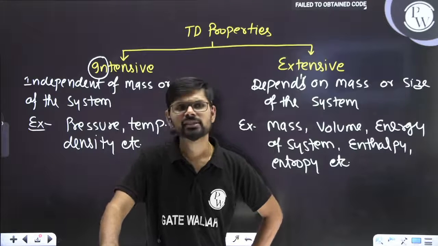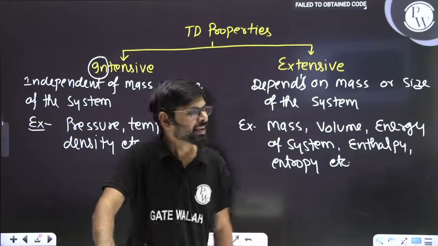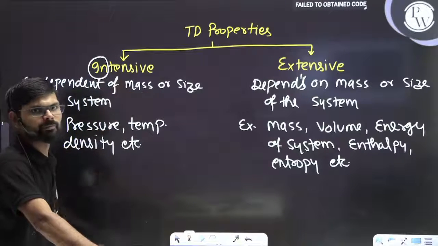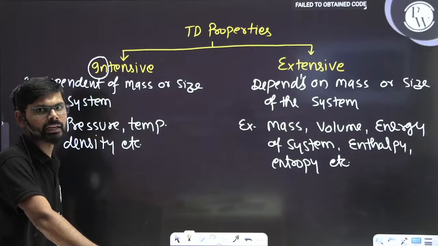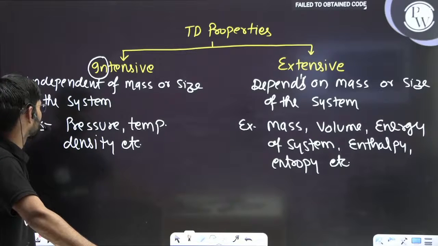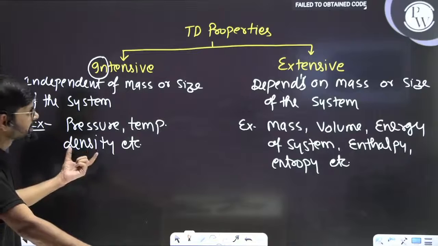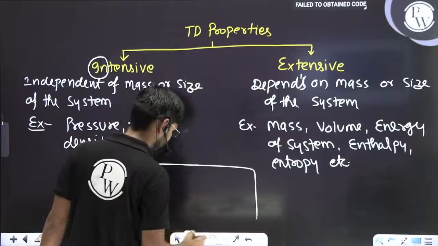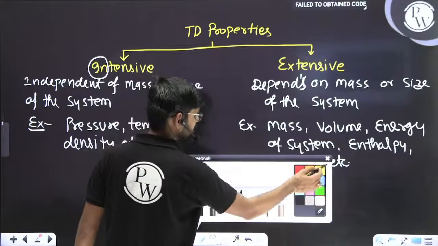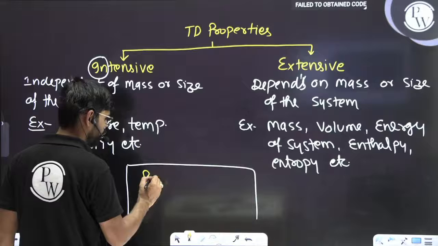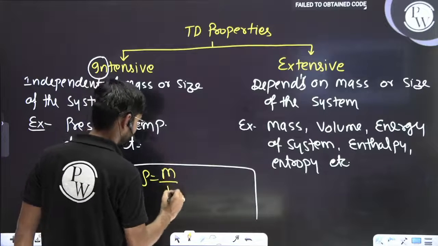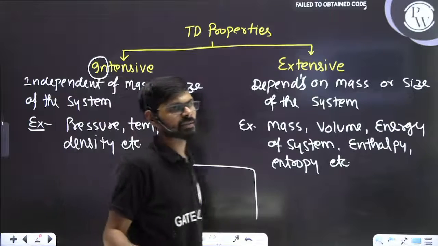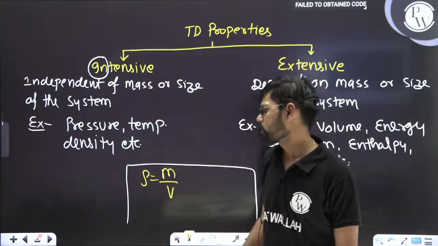Now my question is, here I am saying that intensive properties mean independent of mass or size of the system. Now density is defined as rho equals m by v. Here I am going to write that density is basically mass per unit volume, so it seems like density depends upon the mass.